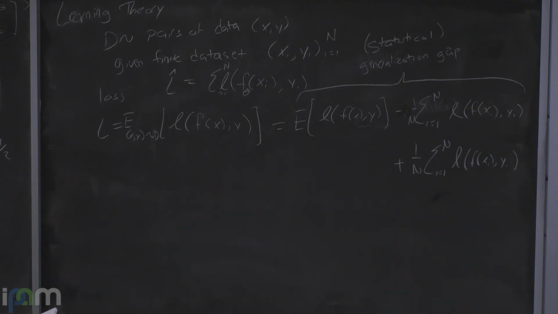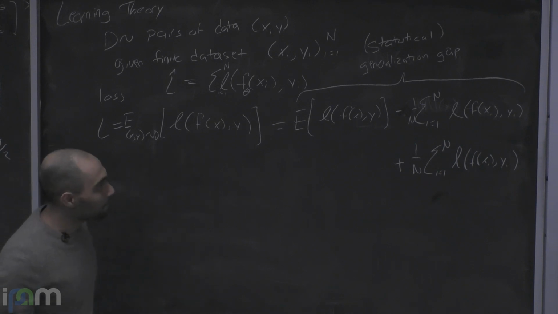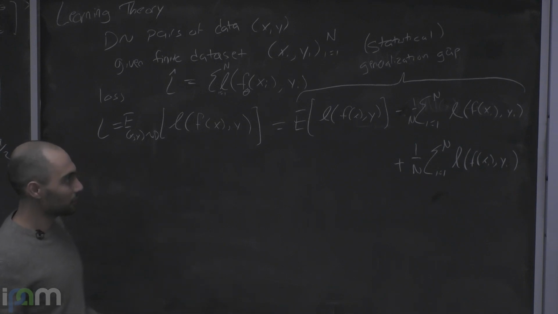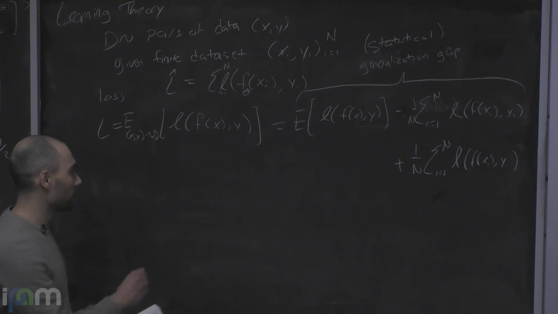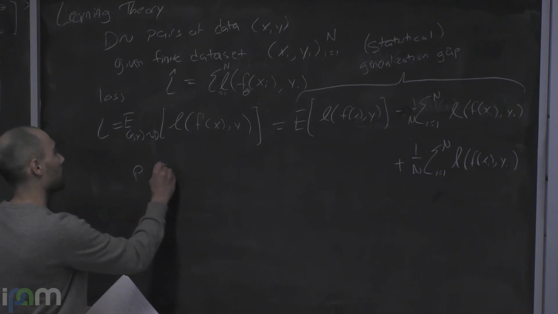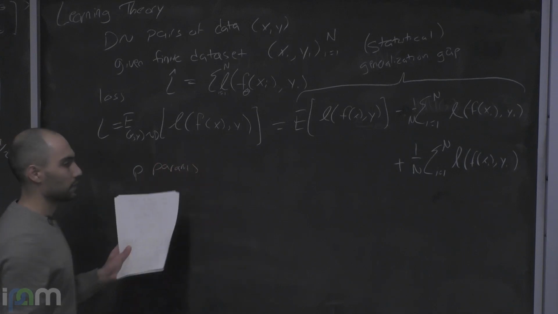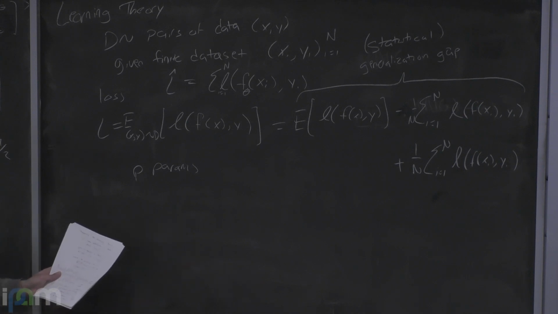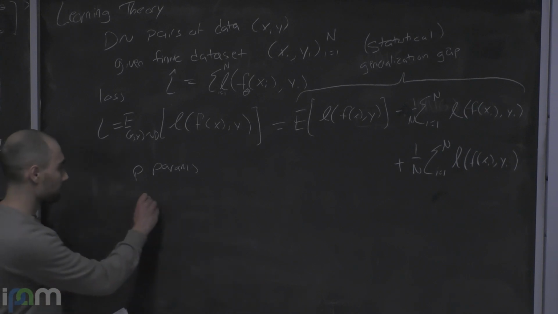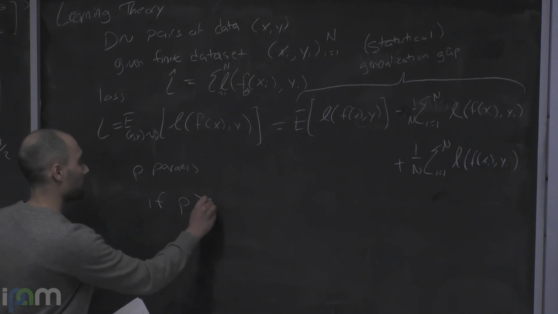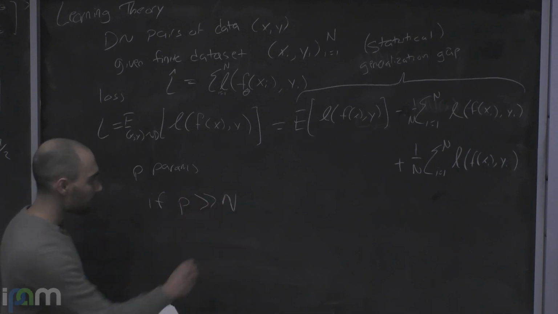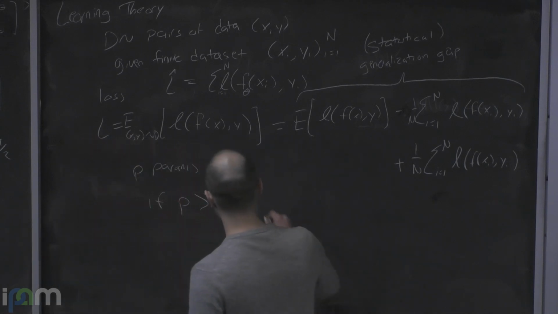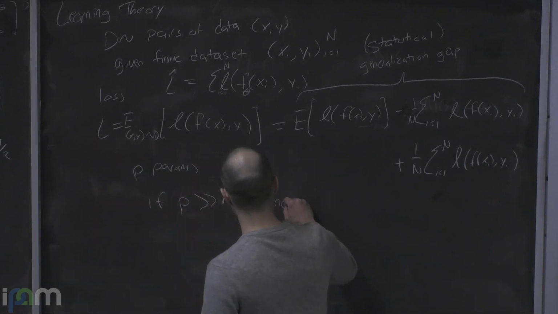And this will be a homework problem. But in general, I should say this is not true all the time, but if you have some function that has p parameters in your function class, and p is much greater than n, then the generalization gap is well bounded.